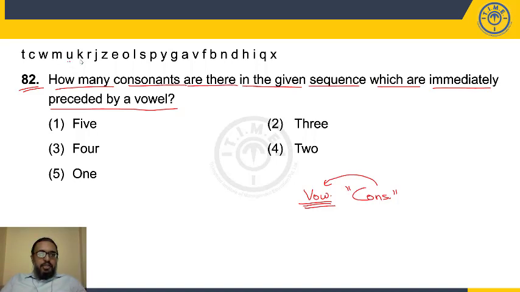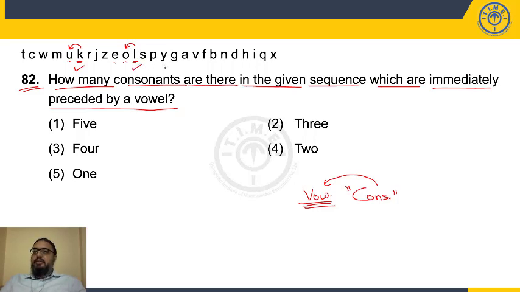So I have a U, then I will check for K. Now K is a consonant and before it you have a vowel. Yes, so K is right. Then next is E. Now O. O is a vowel. So a vowel having a vowel immediately before is not my condition. A consonant having a vowel immediately before is my condition. So I will not consider O, but I can consider L. L is having a vowel before, that is O.